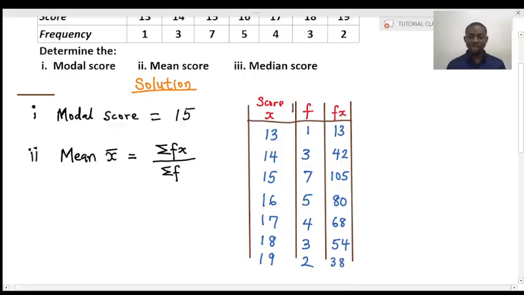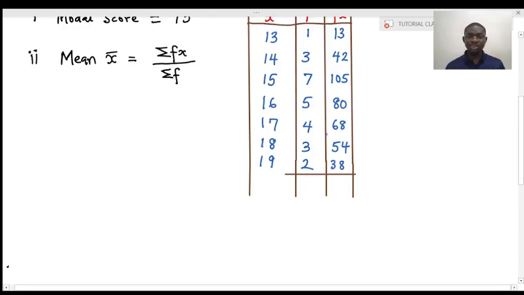Now that this is done, we sum up the frequency and the fx part. We add the total frequency and that gives us 25. Remember, that's our summation f.